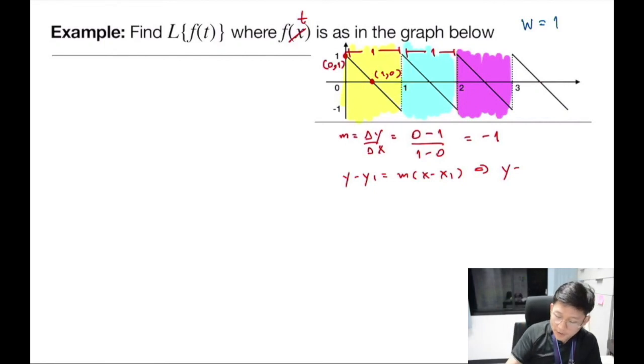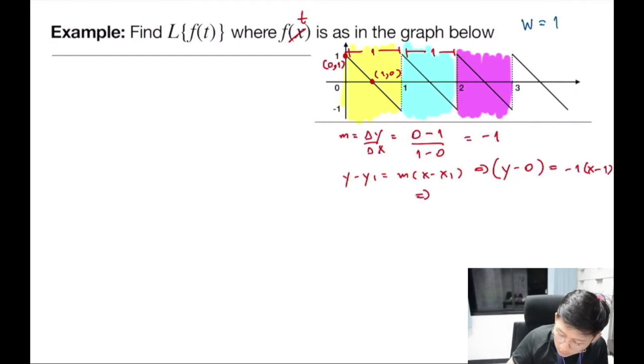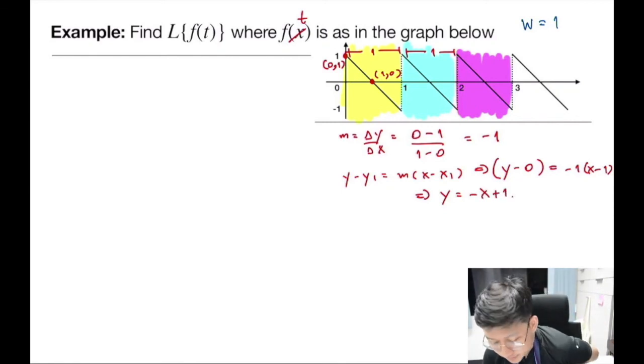So y1 is 0. 1 and 0, so y minus 0 equals m, which is minus 1, times x minus 1. So we have y equals minus x plus 1. Okay, so we have y equals minus x.